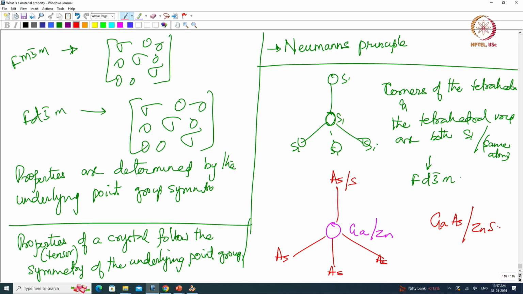Now, gallium arsenide or zinc sulfide, what am I losing? What symmetry elements am I losing by replacing this with gallium or zinc, right? So, we said, okay, about this point I have a 4 bar 3m symmetry. So, that point is okay. I retain the 4 bar 3m symmetry.